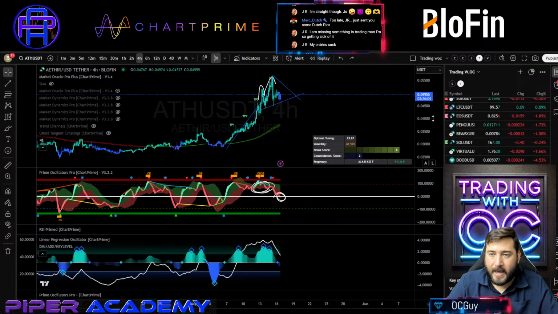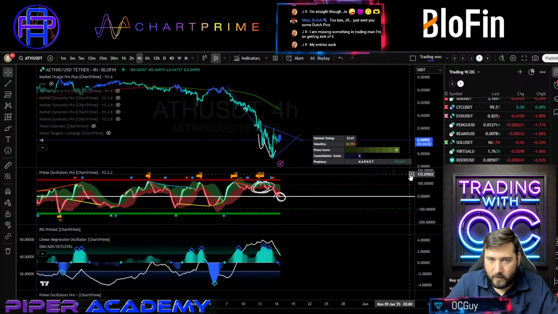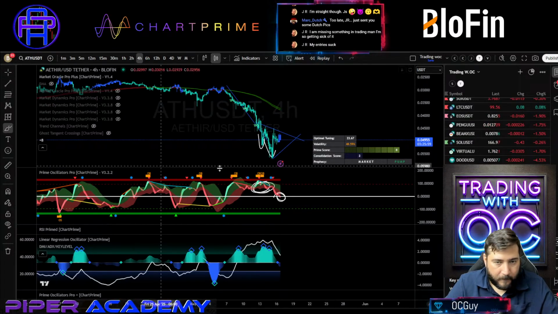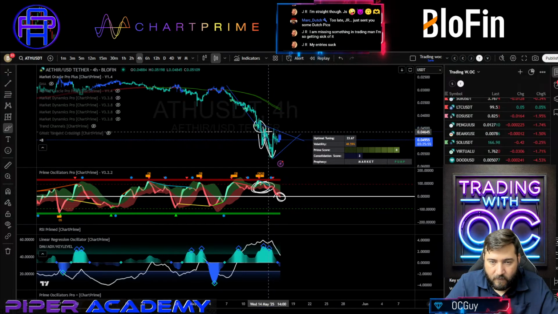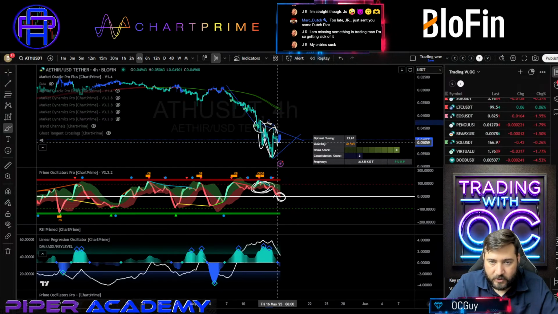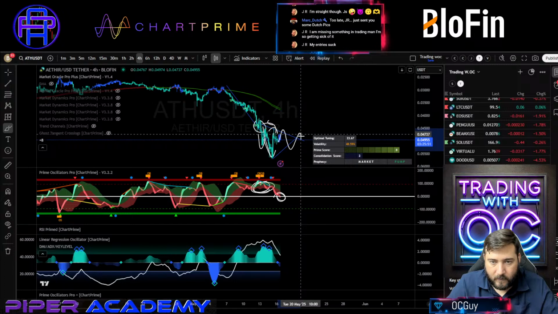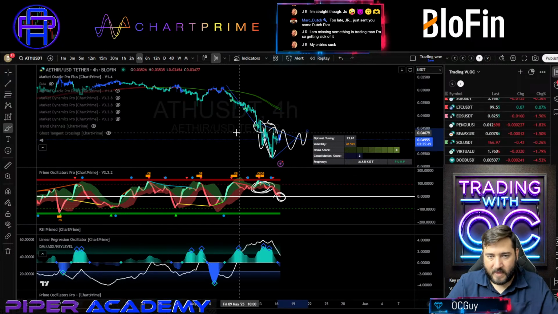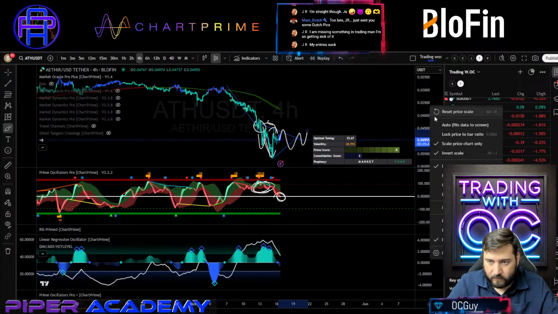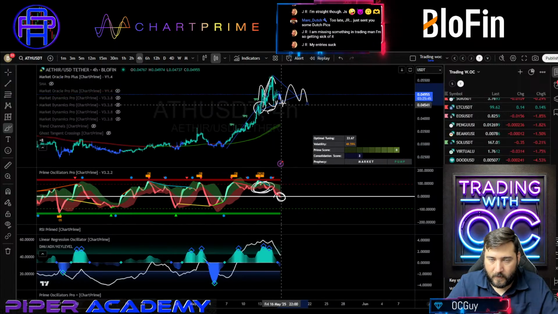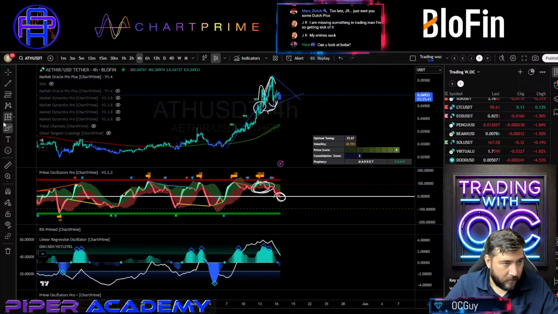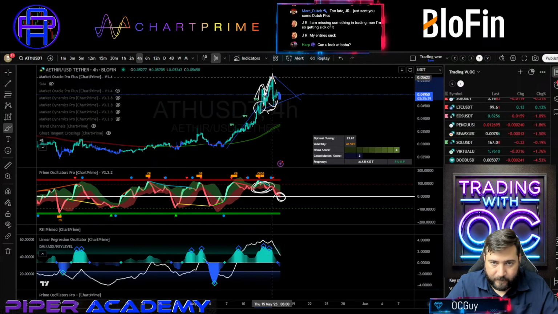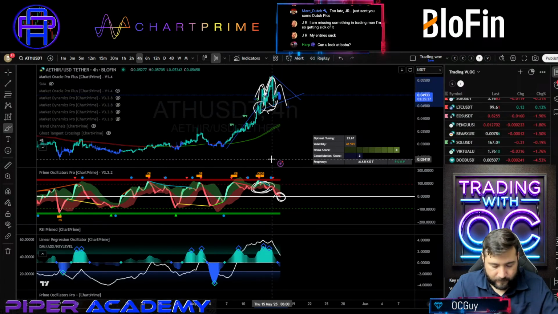Let's inverse that. Coming down, range, V-shaped recovery, high not higher than the previous range, a triangle or a range. But most likely, we could be looking at a head and shoulders.